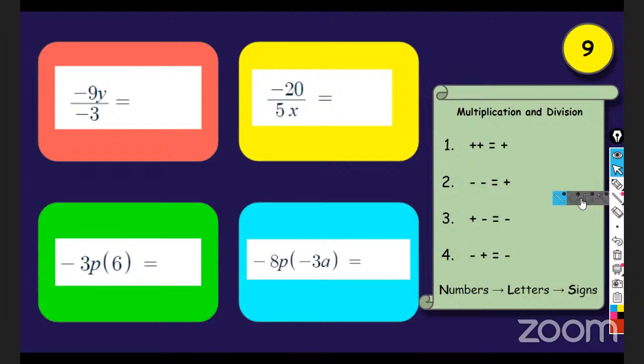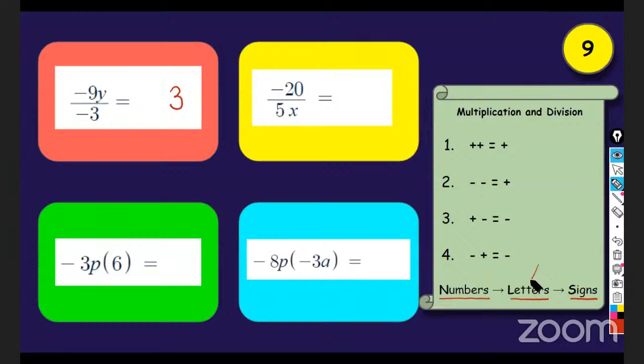Well, it shouldn't be a big problem because we're supposed to do what first? The numbers. Then what? The letters. And then what? The signs. Same concept. Let's do the numbers. 9 divided by 3 is the red one. 9 divided by 3 is 3.